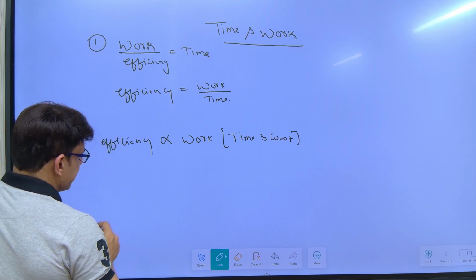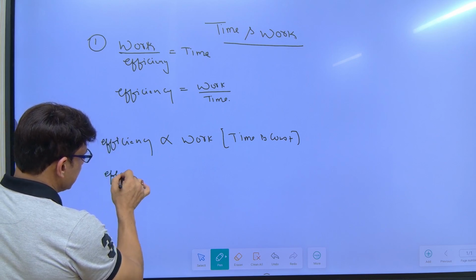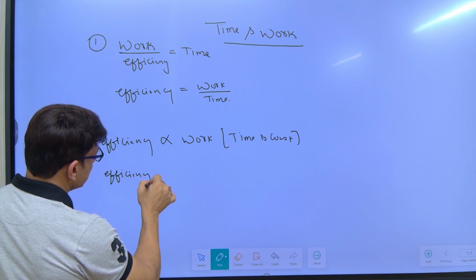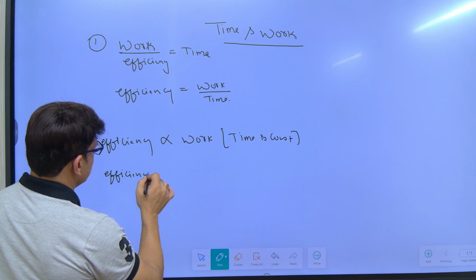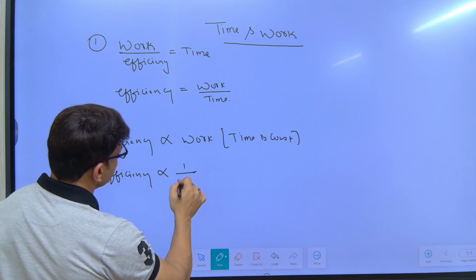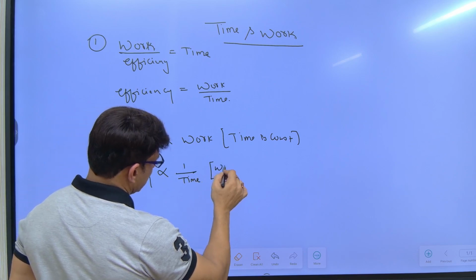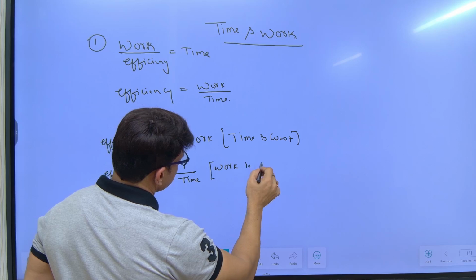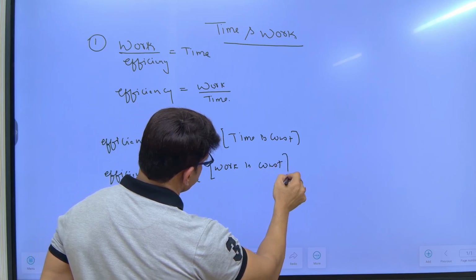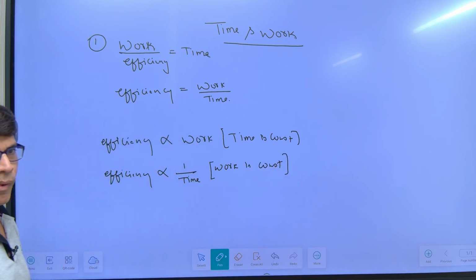Second, efficiency is inversely proportional to time when work is constant. When work is constant, then efficiency is inversely proportional to time.